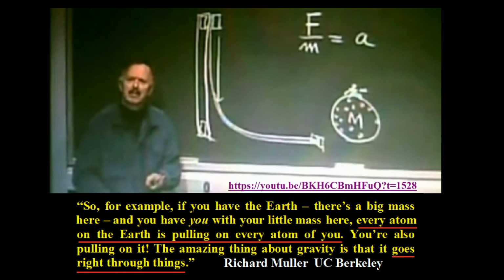The amazing thing about gravity is that it goes right through things. So if every atom of you is pulling on every atom on Earth, and vice versa, it means every atom of you is physically connected to every atom on Earth, because otherwise you're introducing black magic. You're saying that one atom pulls on you, but there's no connection, no physical entity between you. That's what you're saying.